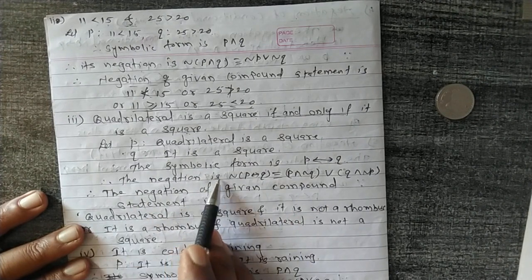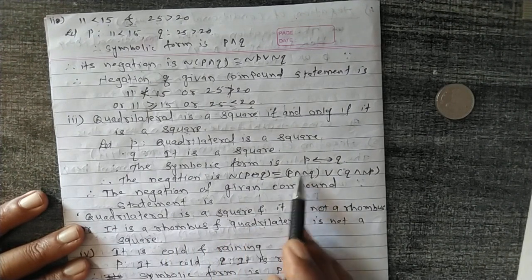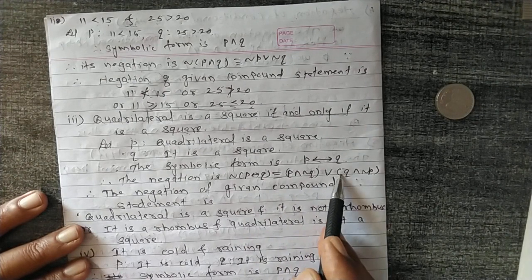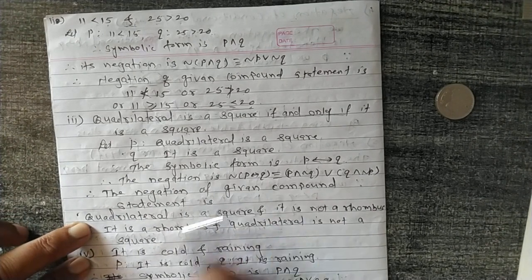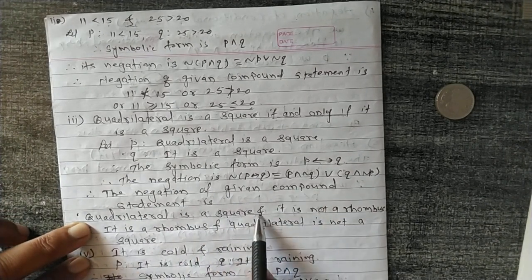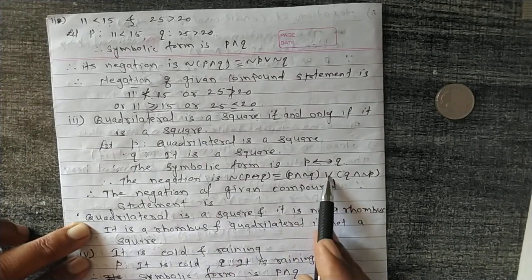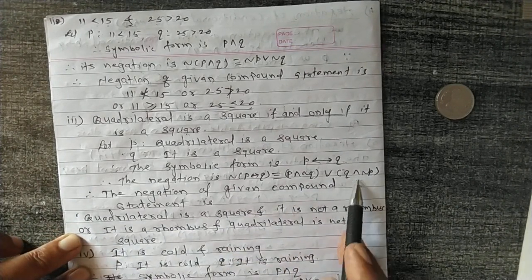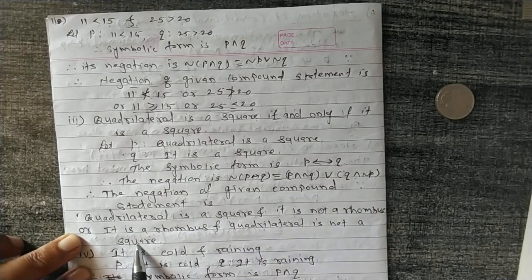Therefore the negation is, that is negation of P biconditional Q is equivalent to P conjunction negation Q disjunction Q conjunction negation P. By using this rule of negation, we can write the negation of the given statement pattern. Therefore the negation of given compound statement is P, quadrilateral is a square, conjunction, that is and, negation Q, it is not a rhombus, disjunction, that is or, Q, it is a rhombus, conjunction, that is and, negation P, that is quadrilateral is not a square.